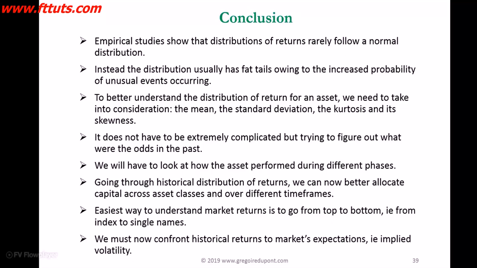And you could do exactly the same across asset classes for FX, bonds, and commodities. So what we've done in these videos is we have looked at historical returns. Now, what we must do is confront these historical returns to market expectation, meaning the implied volatility.